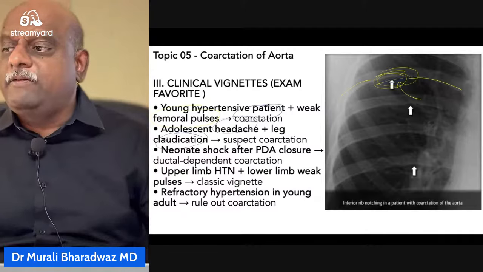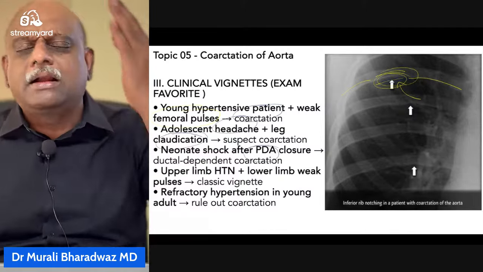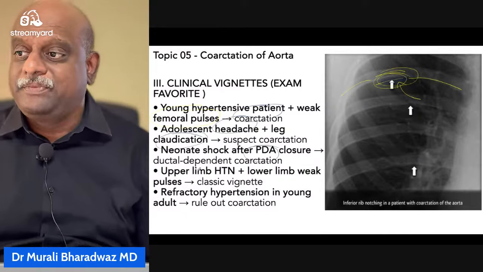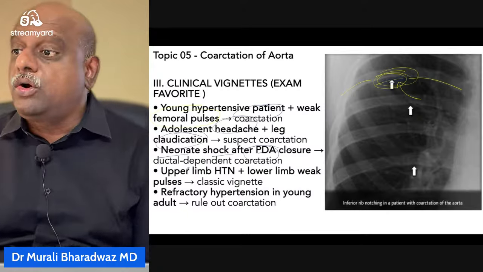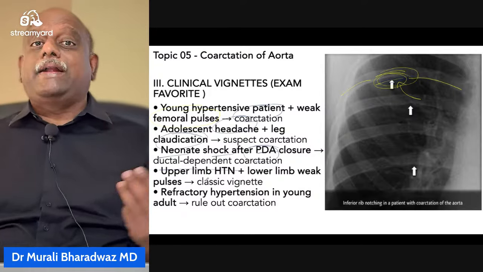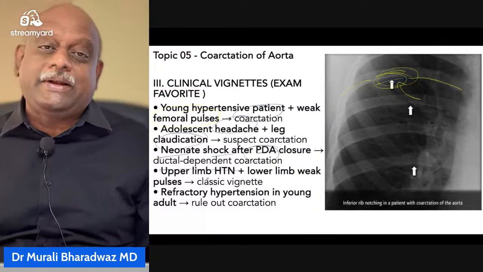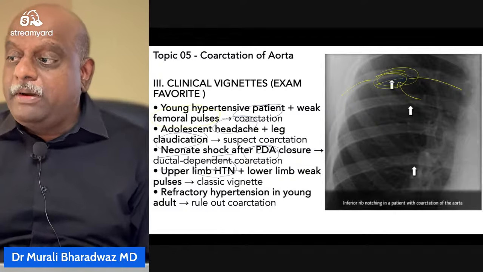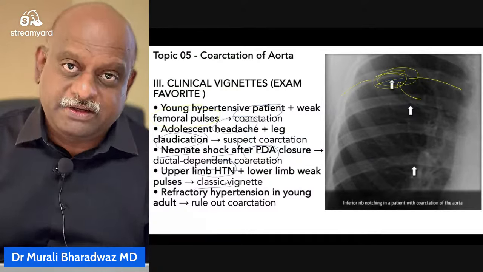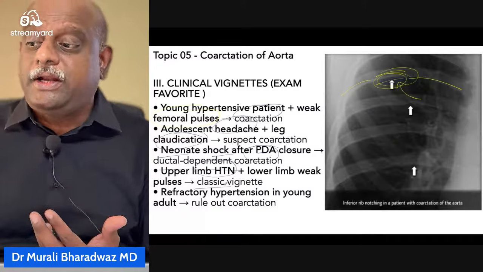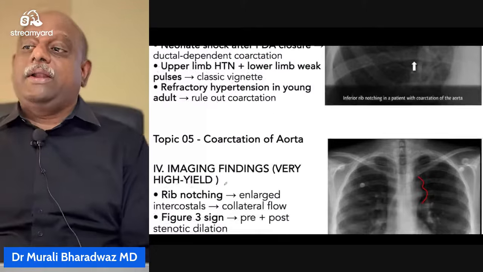Any neonate developing shock after the closure of the PDA, this is a typical clinical vignette in tomorrow's NEET PG. A neonate developing shock after PDA closure is called ductal dependent coarctation. That's how you suspect coarctation of aorta. Any upper limb hypertension with lower limb weak pulses is the classical vignette. Any refractory hypertension in a young adult, you need to rule out coarctation of aorta.